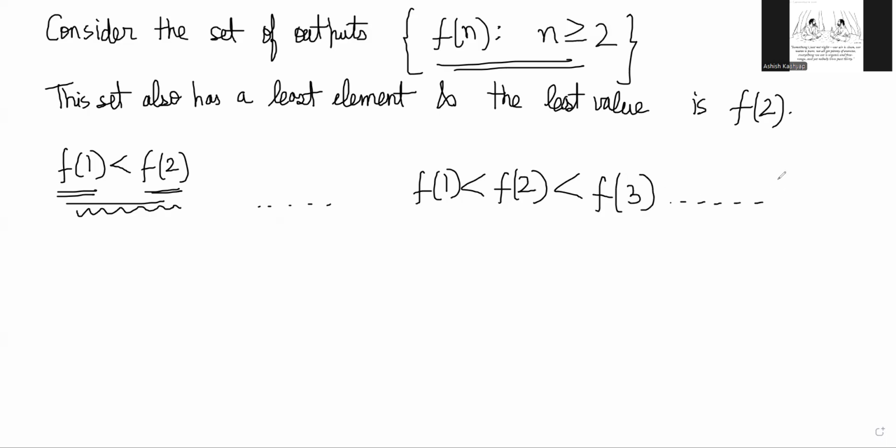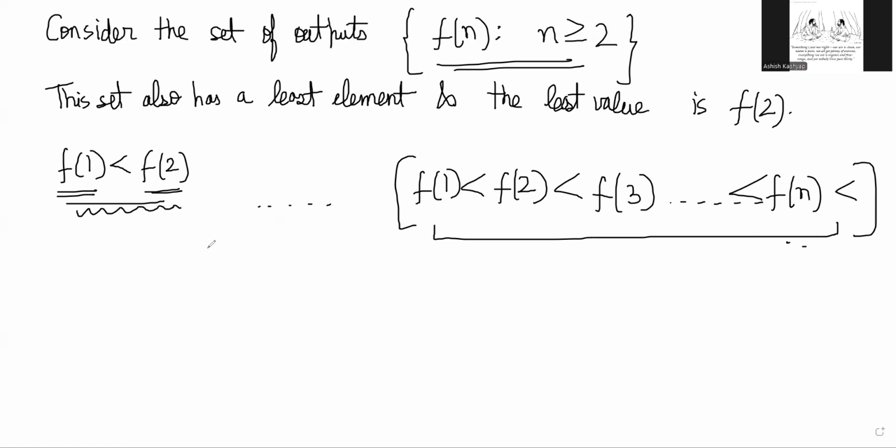You keep repeating the argument for n starting from 1, n starting from 2, n starting from 3, and so on. I'm not going to write the same argument again. I'm just saying that by repeating the argument, we come to this conclusion here.